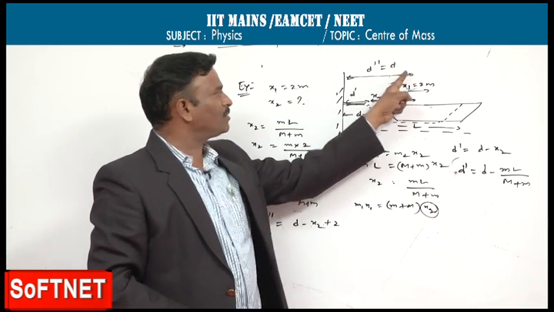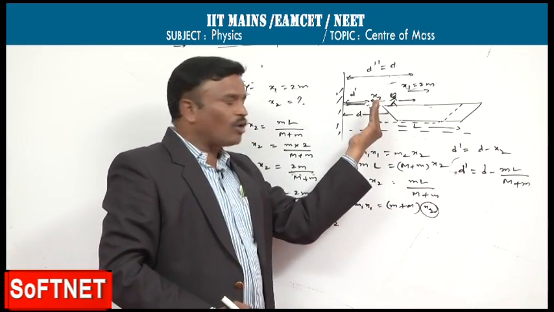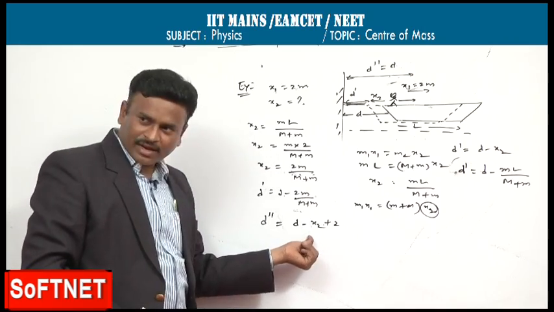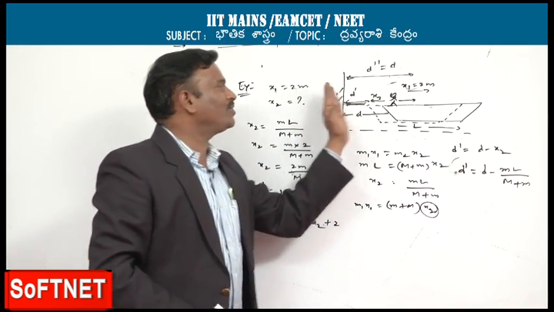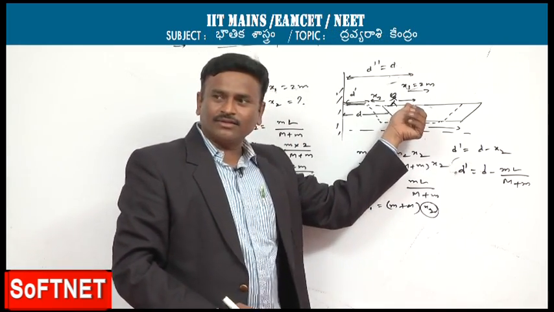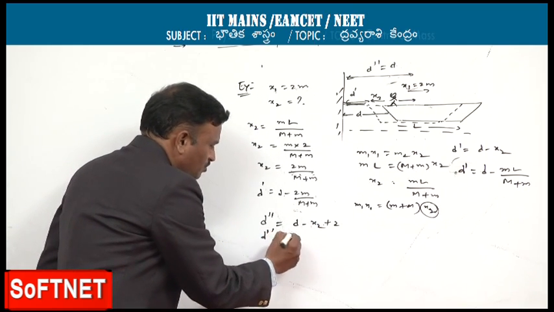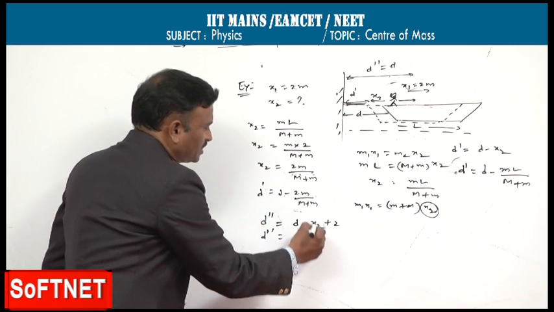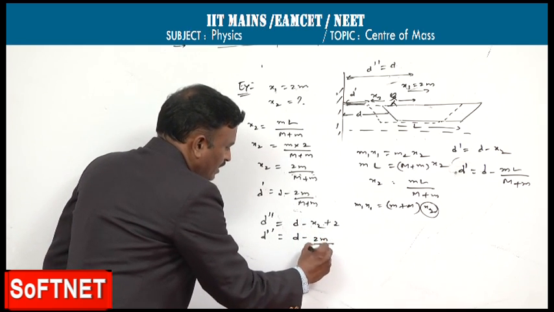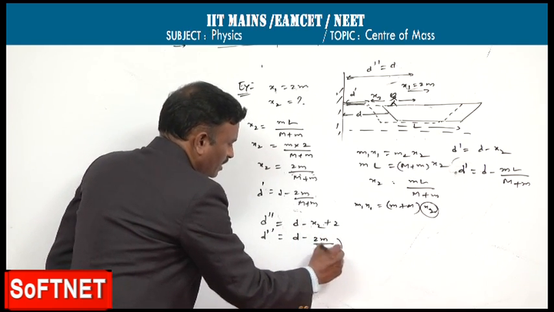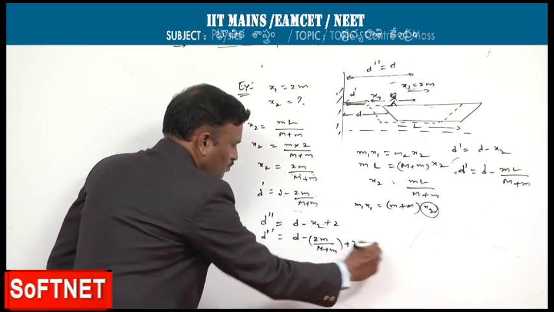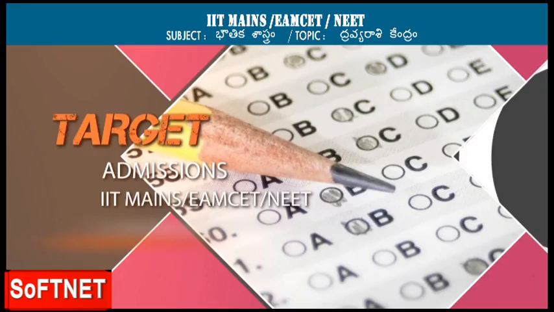Then the final position of the person along with the boat, how much he moved, that we have to subtract. But how much he is moving away, that we have to add. So final distance d double dash is equal to d minus x2, which is anyway 2m by capital M plus small m, plus 2 is the final distance.